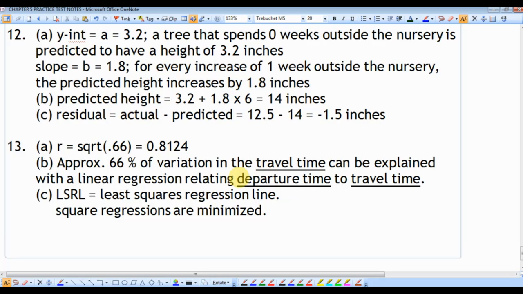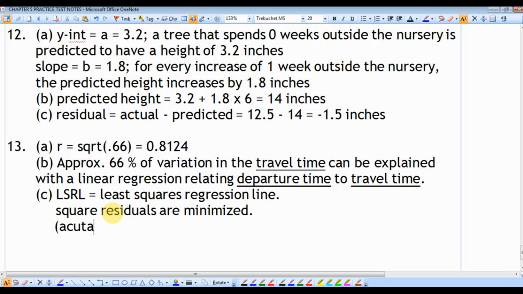Okay. Also, so square regressions. Oh wait, no, hold on. This is supposed to say residuals. I'm so sorry. Square residuals. What do you mean by square residuals? Good question.